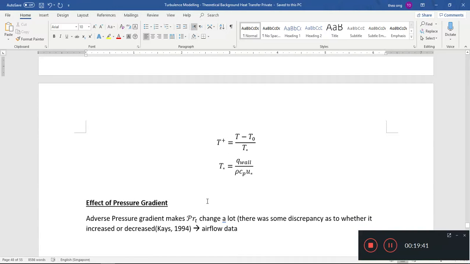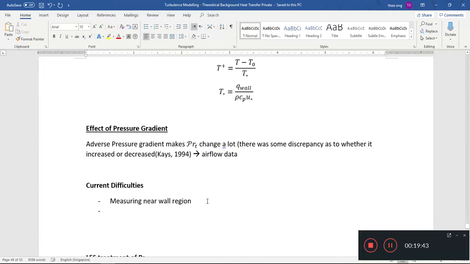In fact, natural convection and mixed convection will help you set up very interesting flow conditions for your turbulent Prandtl number. And that's a whole other topic on its own.